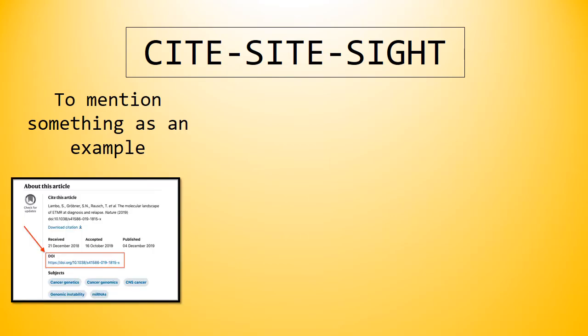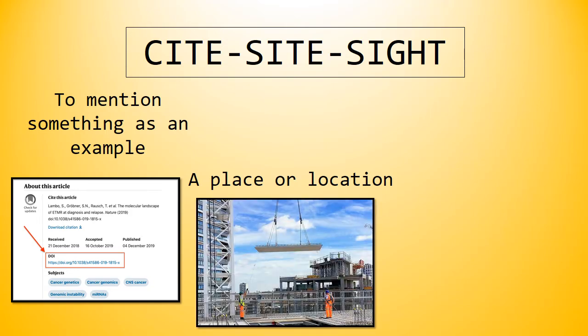For example, he cited an example to clarify his answer. The second word SITE means a place or location where something happened. Its usage in a sentence: they visited the site of their future house.